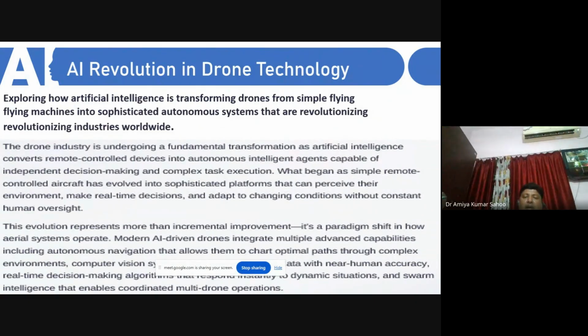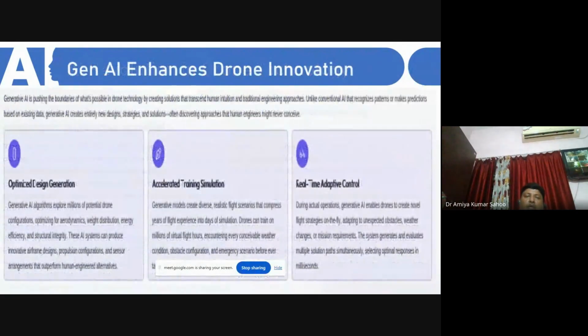Modern AI-driven drones integrate multiple advanced capabilities, including autonomous navigation that allows them to chart optimal paths through complex environments, computer vision with human accuracy, real-time decision-making algorithms for dynamic situations, and swarm intelligence that enables coordinated multi-drone operations. This is the AI revolution in drone technology.